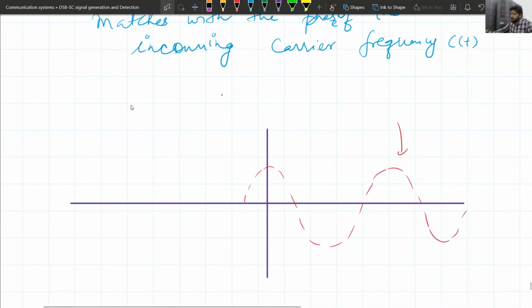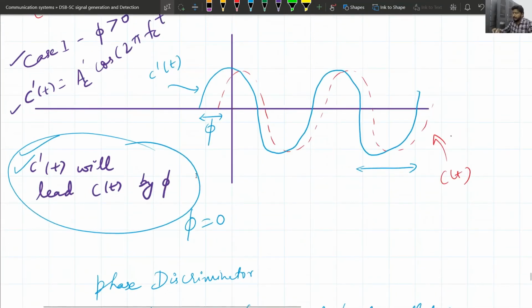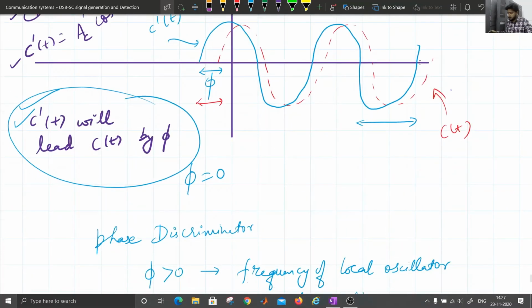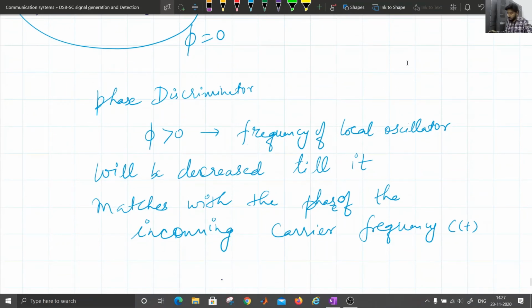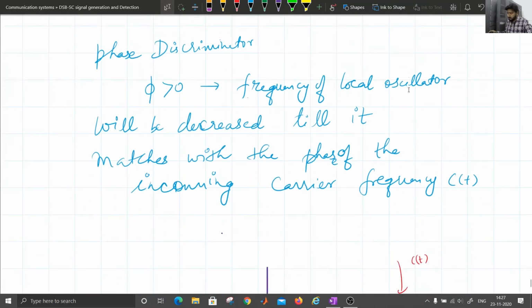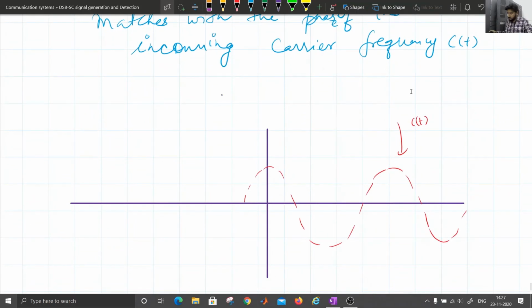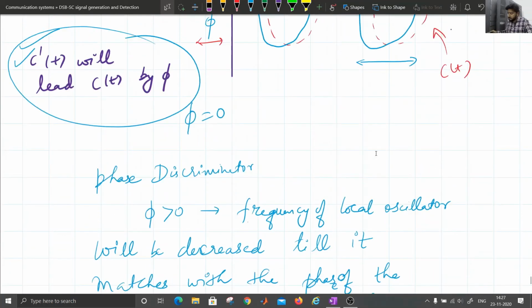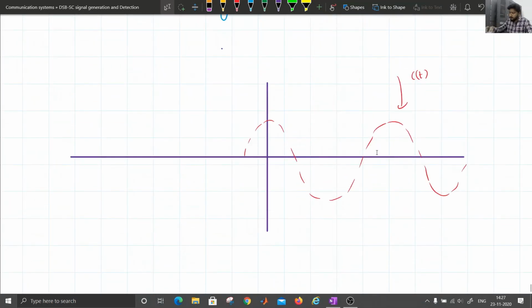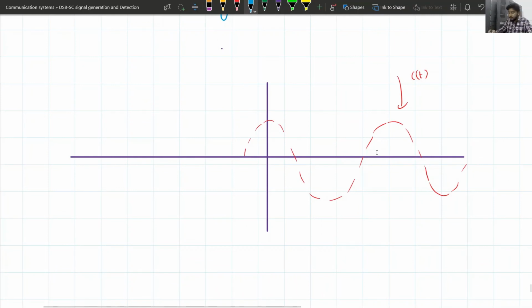If this is the carrier c(t), before applying the phase discrimination, the local oscillator c dash t is leading. Now what will happen is the frequency will decrease to match the carrier frequency.